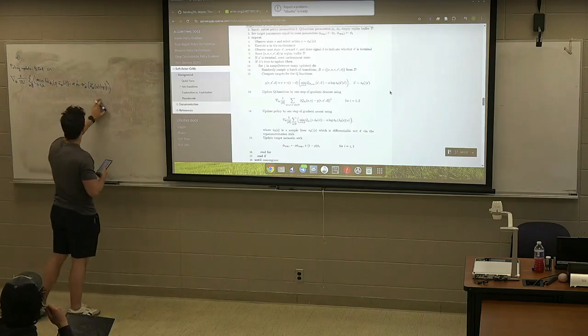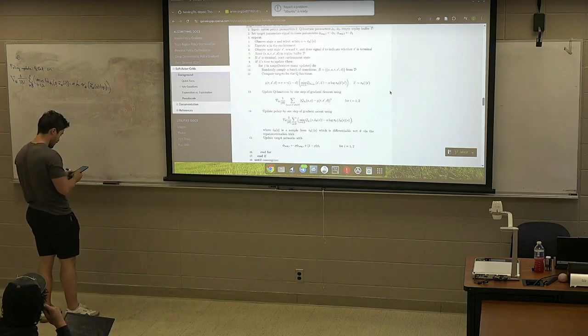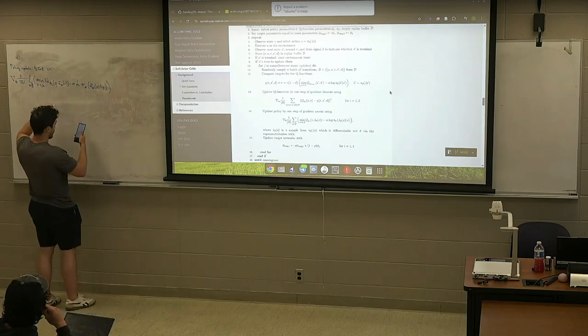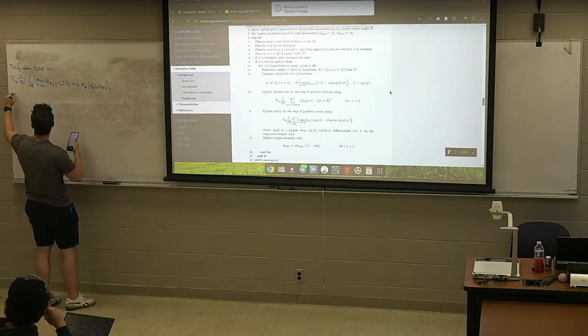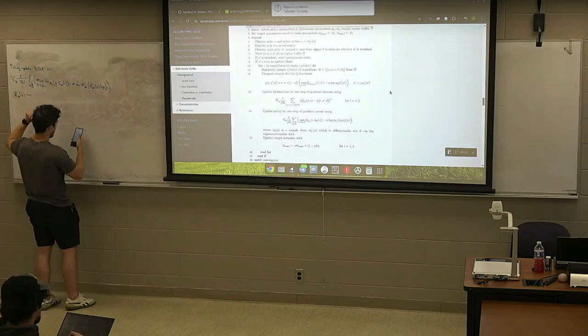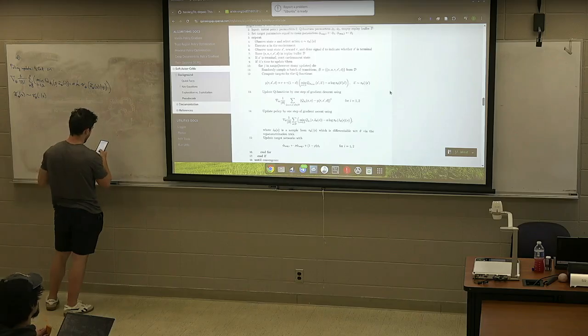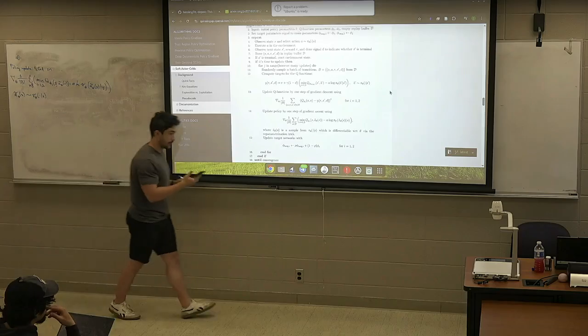Okay. And this A tilde theta S is a sample from pi theta S, which is differentiable with respect to pi, the reparametrization.